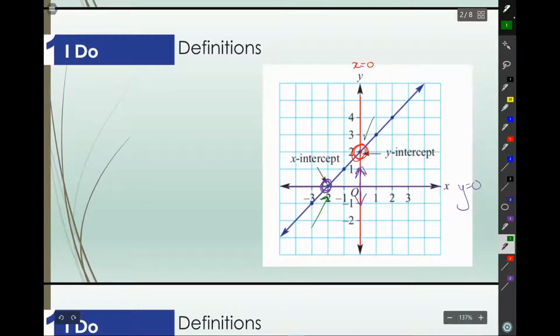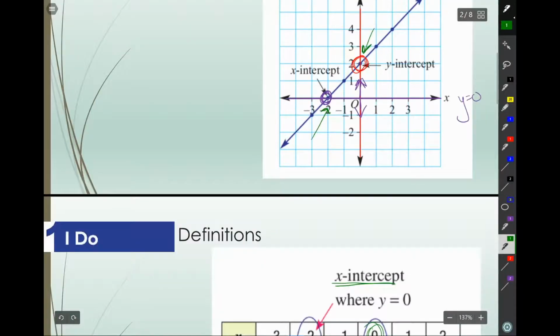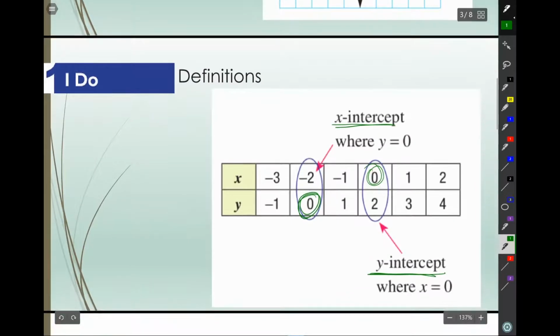That's this point here. So that's where we find the intercepts in a table of values, when we have zeros for our x and our y. What you need to remember here is that when y is 0, that's the x-intercept, and when x is 0, that's the y-intercept.